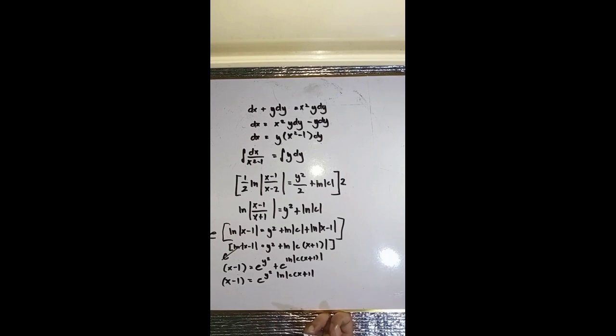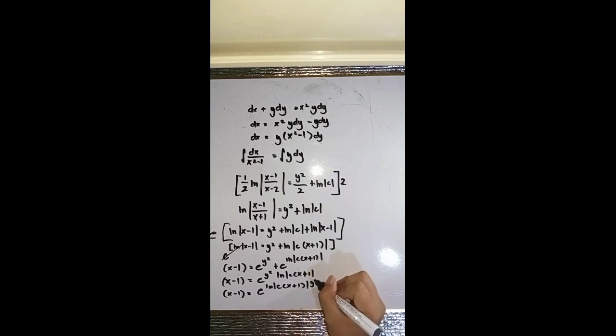So with this equation, we can simplify in order to get our desired answer. So x minus 1 equals e raised to ln of the absolute value of c multiplied by (x plus 1) raised to y squared.